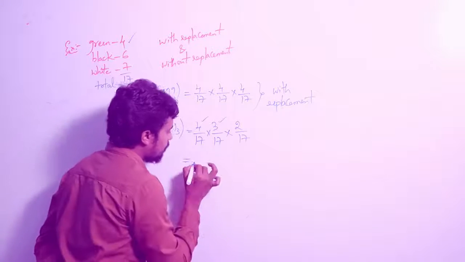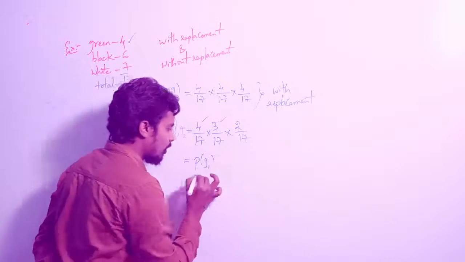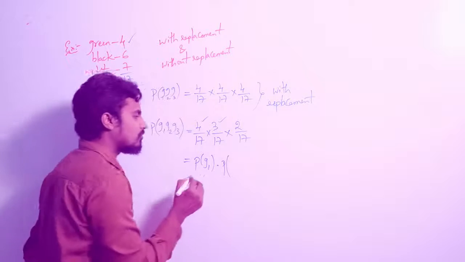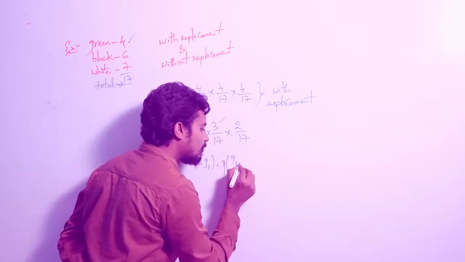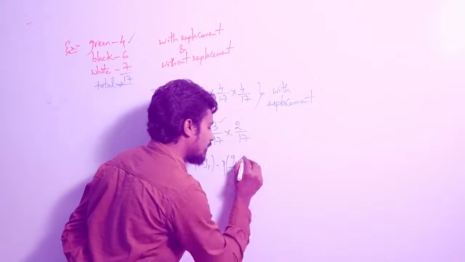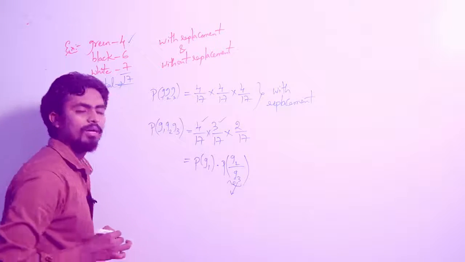This will be P of G1 dot P of G2 given G1, and G3 given the earlier ones. Here G3 will be already gone.